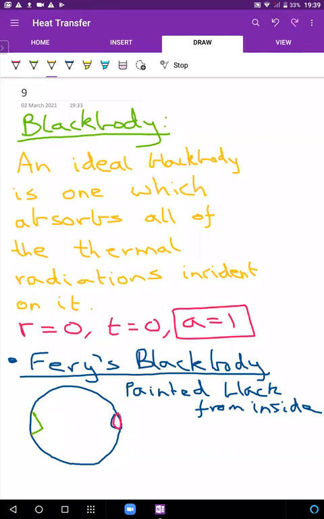And what is going to happen is, when light enters through the hole, first of all, because this surface is black, most of the radiations are going to be absorbed by it. The green part is just a pointed shaped object.